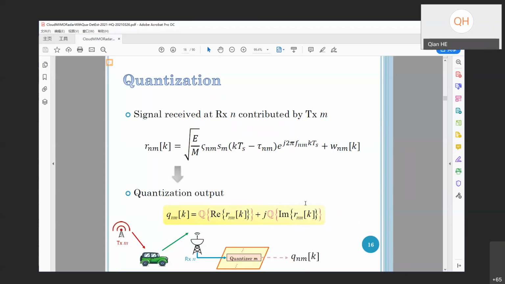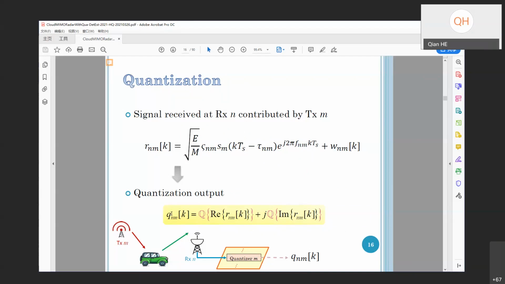A usual way to quantize this complex data, the real and imaginary parts, is to use two quantizers with the same design. You quantize them simultaneously and add them up. That is the quantization of the complex data. After you are done with the quantization, you can send it to the fusion center.